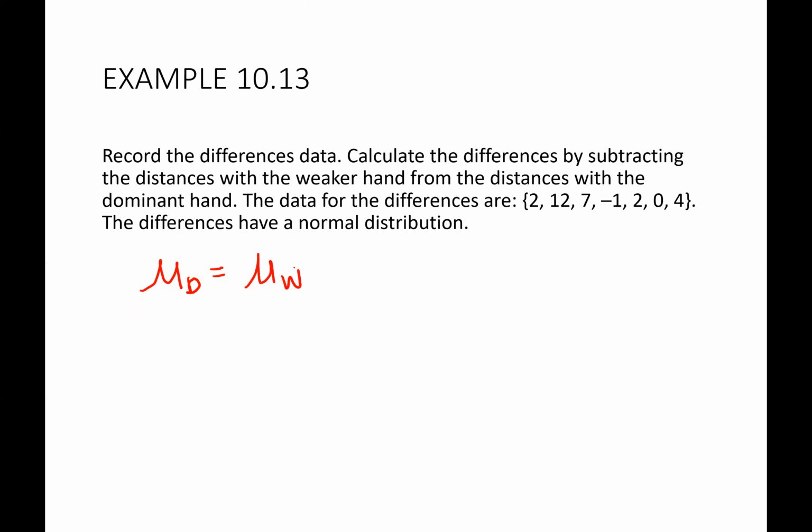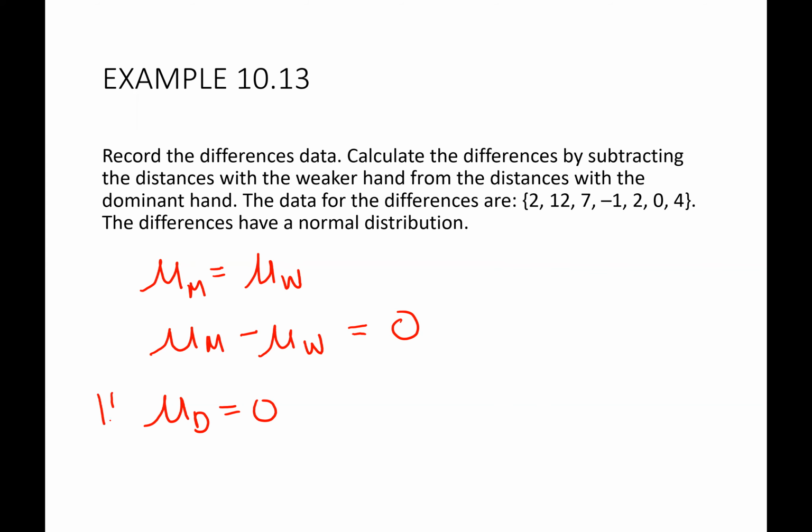It doesn't make any difference whatsoever which hand they push with. So the difference between the dominant and the weaker would be 0. I use D for dominant, but we also use that for difference. So they're trying to show that there is no difference in either hand.